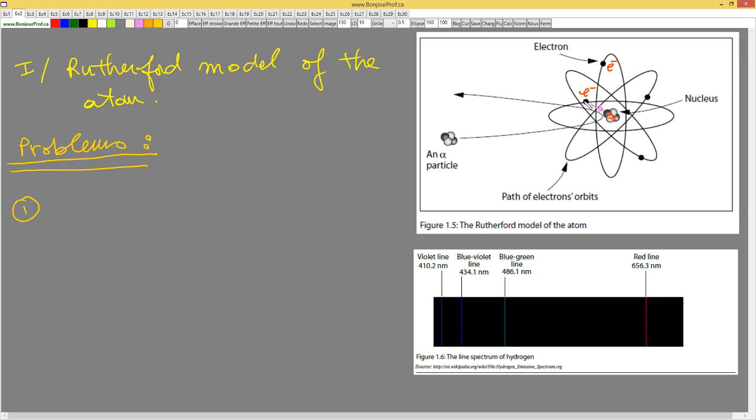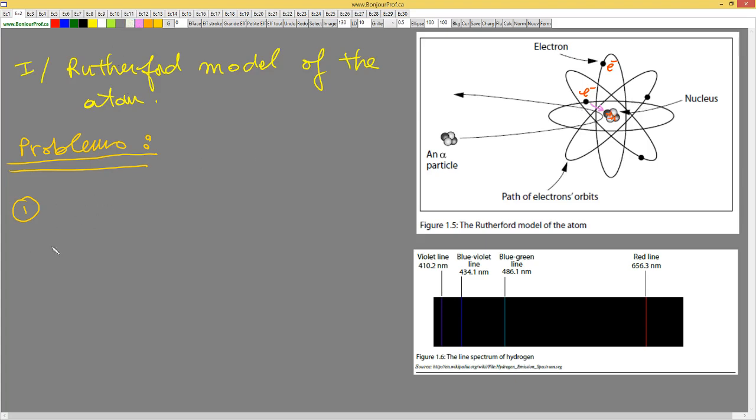And there is another thing. Because the electrons are charged, there is a theory, Maxwell's theory of electricity, that says if an electron or any charge is moving, it must emit light. What we call radiation.